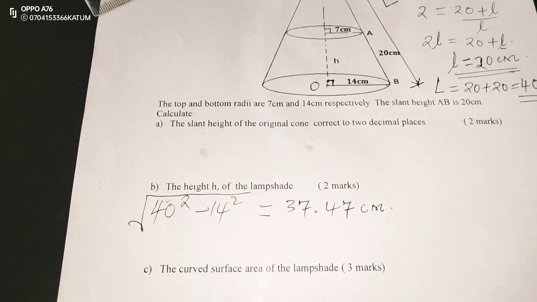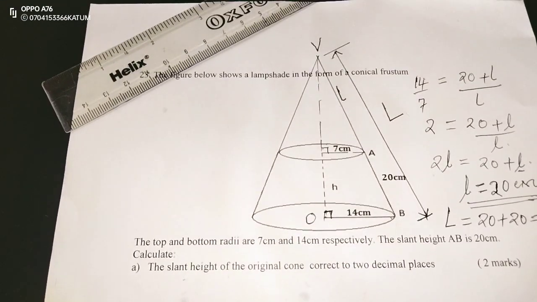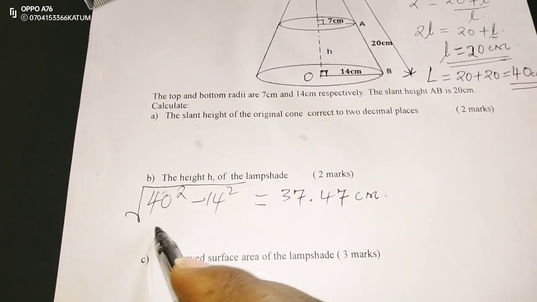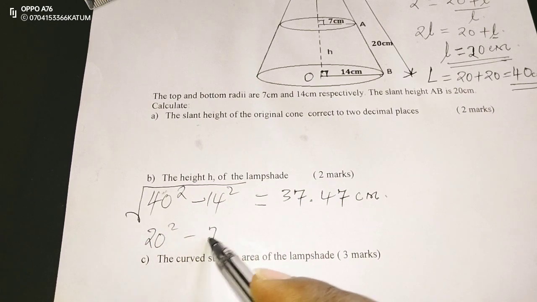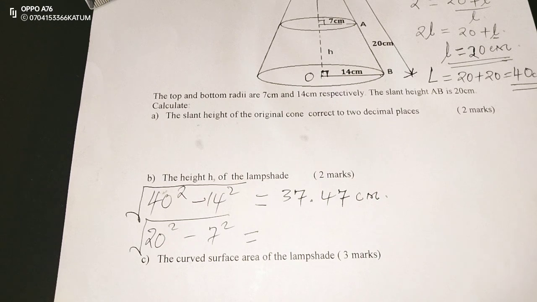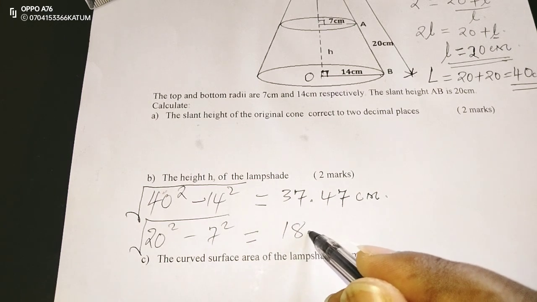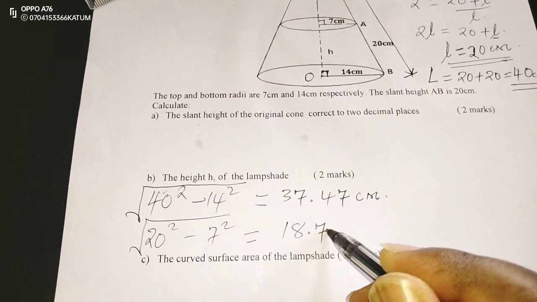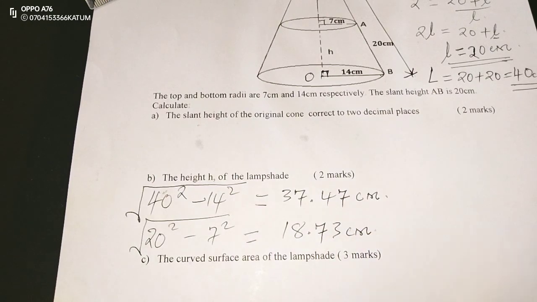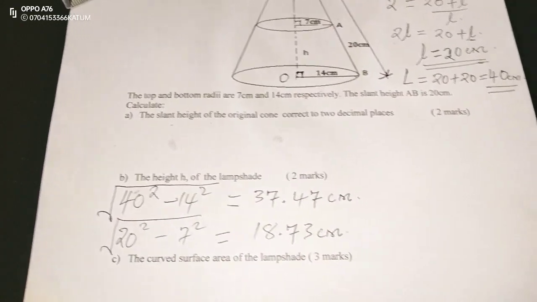Now we can also get the height of the smaller cone which was cut away. Here we use 20 and 7: 20 squared minus 7 squared, then the square root. This gives 18.73. Remember, we could have obtained the same by taking a half of this due to similarity and enlargement.